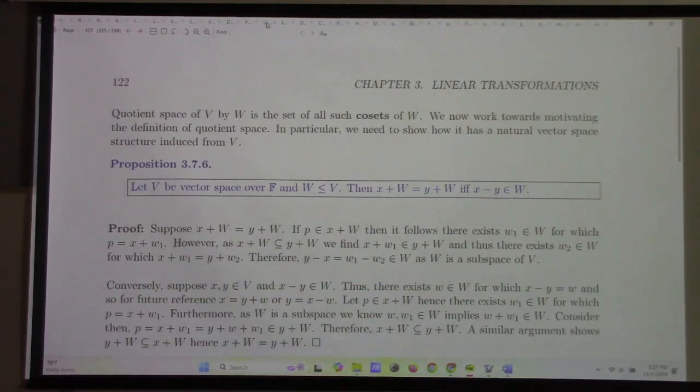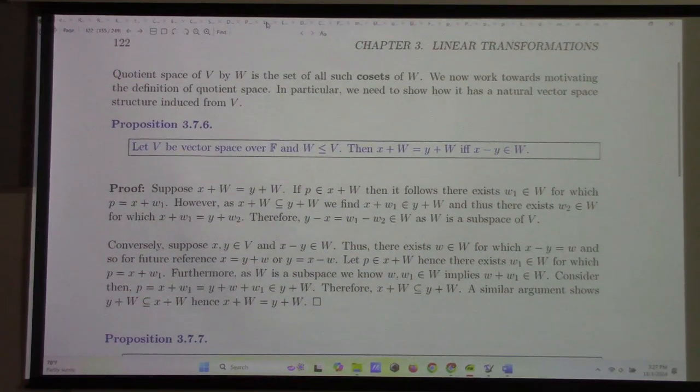So what I'm trying to say is really this proposition right here. This is something I would study if I were you. I would make sure I could prove this. A lot of times I'll just ask for half of the proof, like one part of the implication. So don't just memorize it.